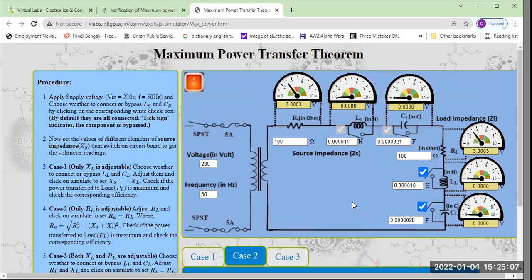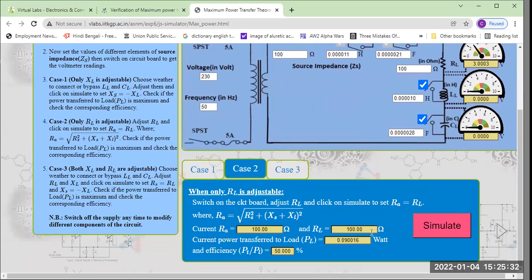Why does this happen? It happens because your load is not matching, so your maximum power is not transferred. This is the practical experience which I have seen. But here I want to show you so many ways in which your maximum power will be transferred.